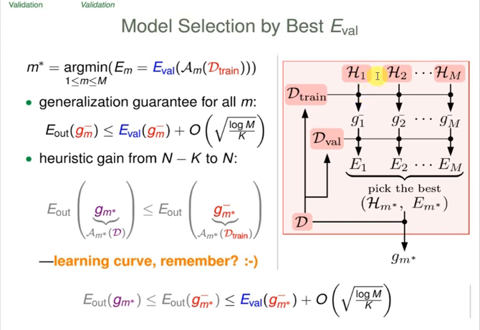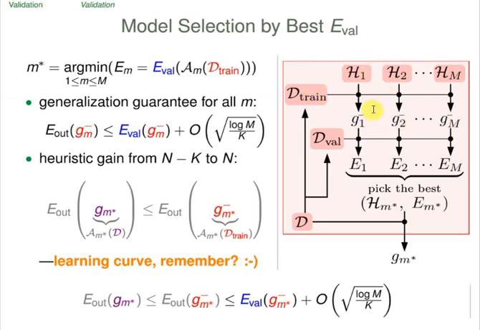Note that each H here can consist of thousands of different hypotheses, and each H can be different, for example, perceptrons, different logistic regression, different linear regression hypotheses. For each hypothesis set, H1 to HM, the learning algorithm will select one final g1 minus, g2 minus, and gM minus using D-train, usually based on the in-sample error performance.